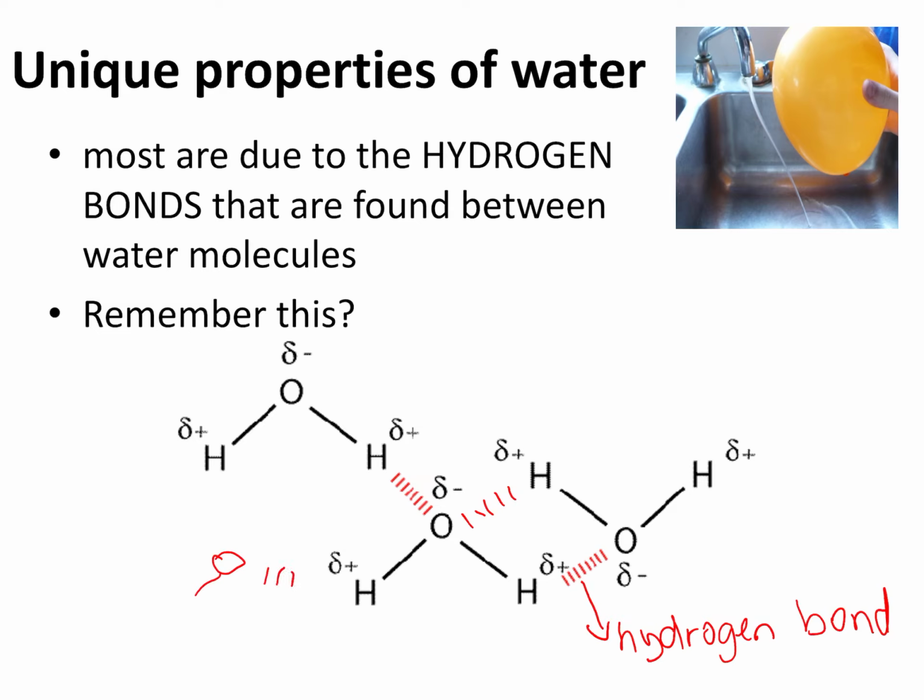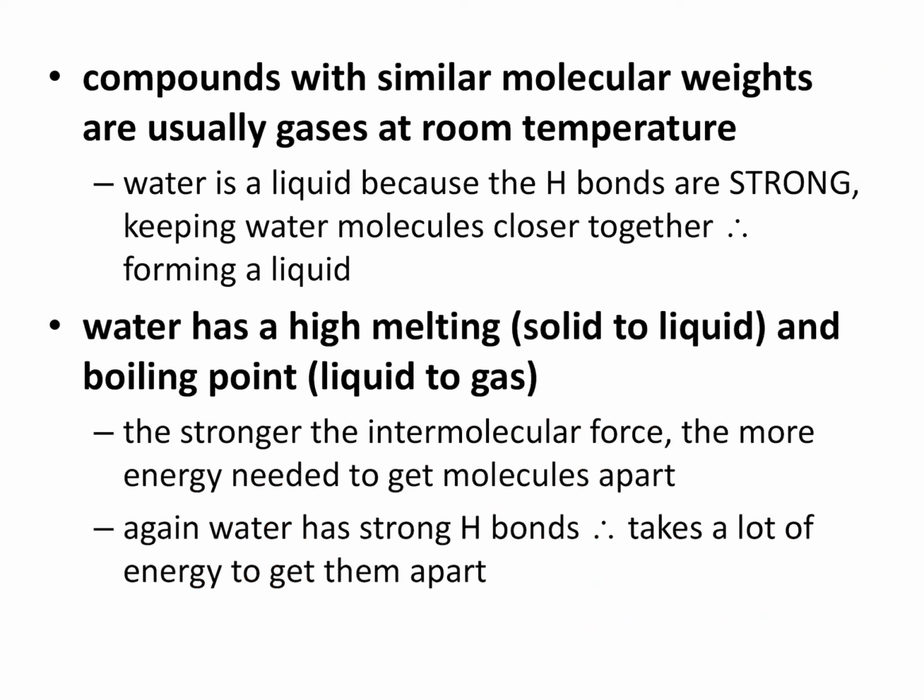So you get this network of water molecules, and the space between the water molecules is actually bigger when it freezes, which is not a common property of frozen substances, and which makes life possible in the wintertime in aquatic systems. Most of the unique properties of water are due to the hydrogen bonds and the polarity between the water molecules.